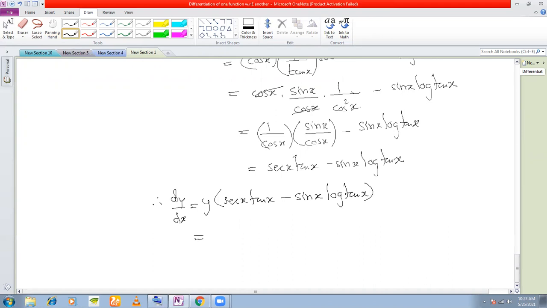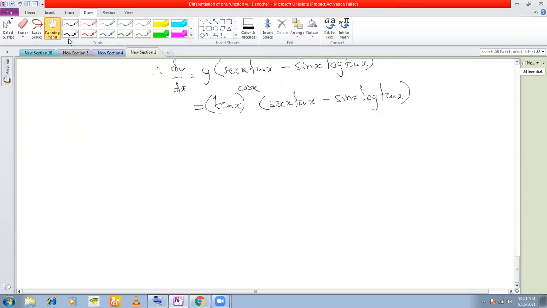Put the value of y: tan x to the power of cos x into sec x tan x minus sin x log tan x. And that's your answer.